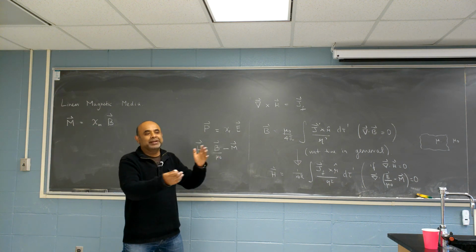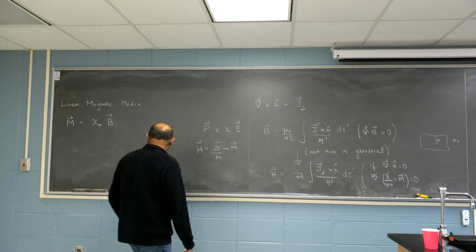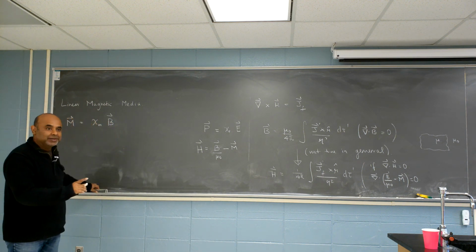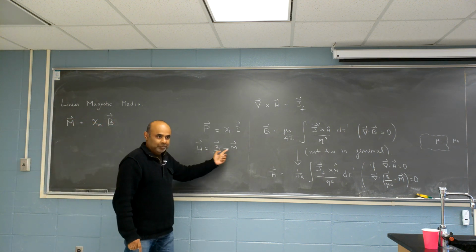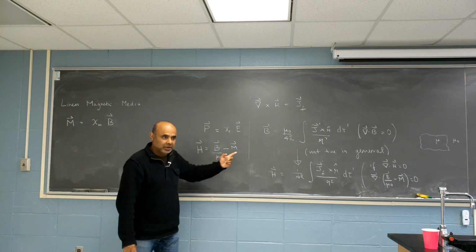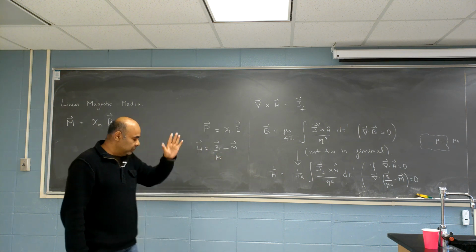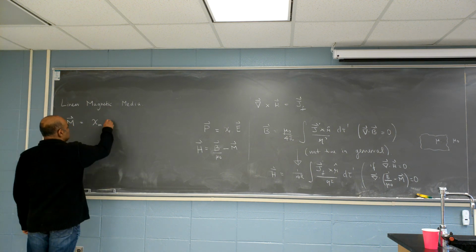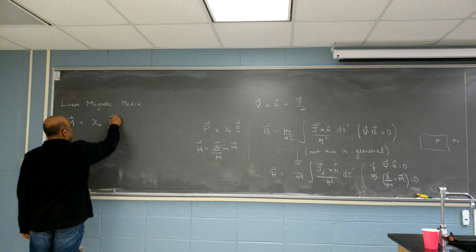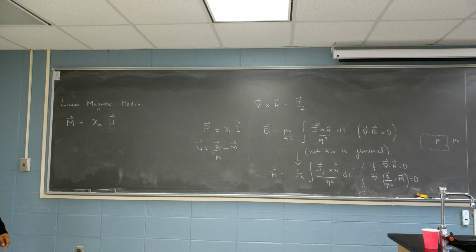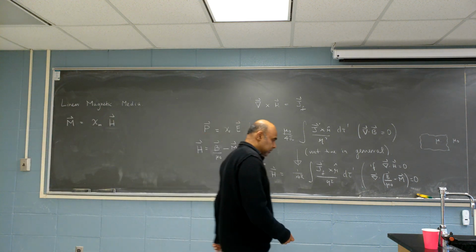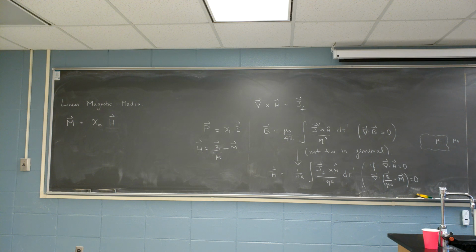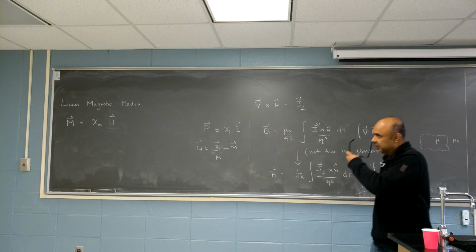So now we can pick either one, only because if they're proportional, they're all proportional to each other. The only thing that can happen is plus or minus. So it is tradition to call this chi m H. Chi m is magnetic susceptibility.